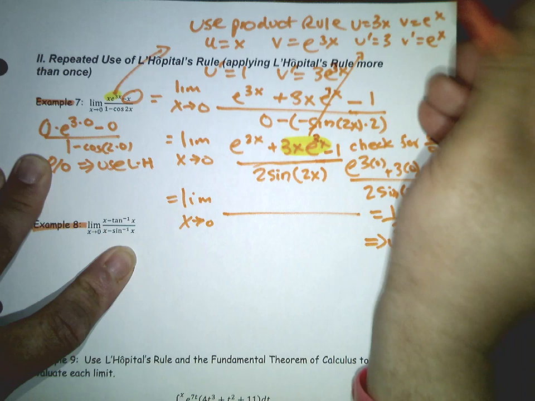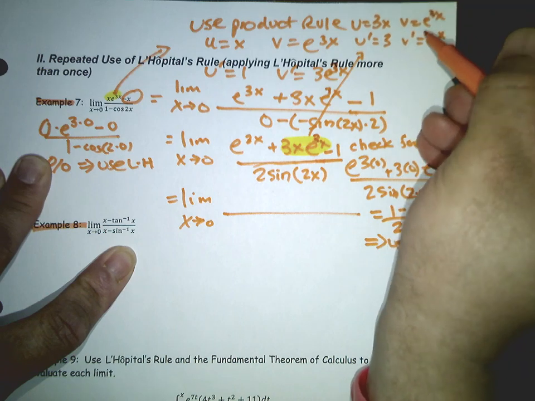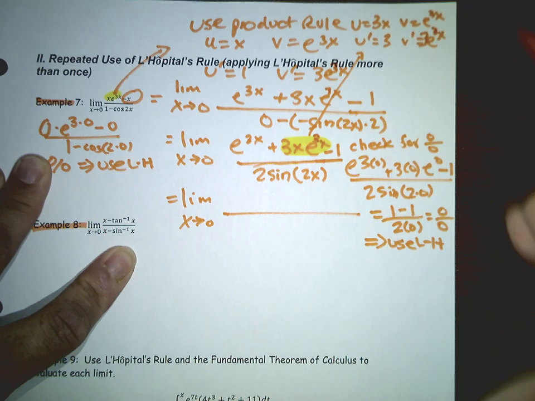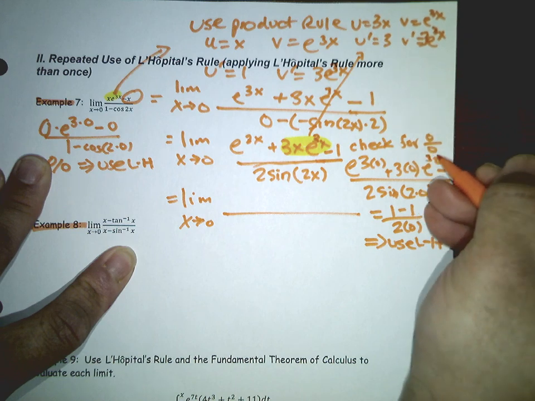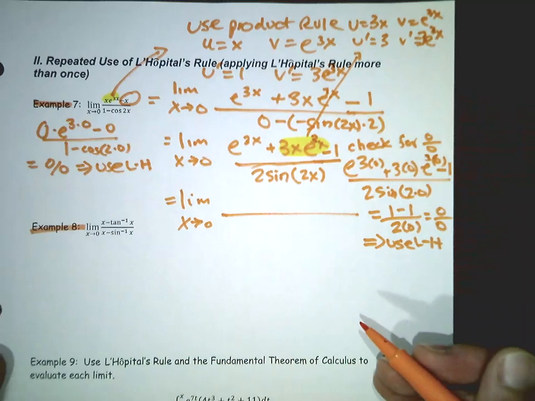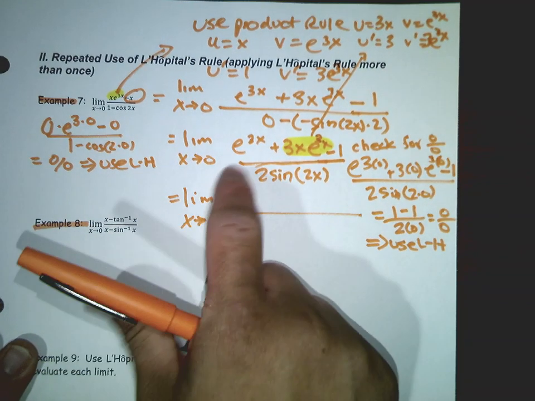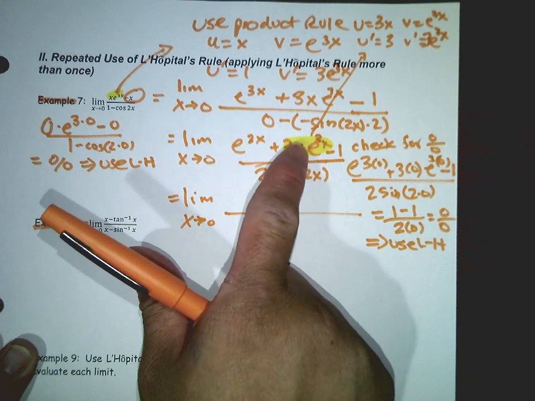I forgot to write the 3 in the exponent, so this should be 3e to the 3x. I have no idea why I forgot it, but that really did not change this. It's still 3 times 0 over there.